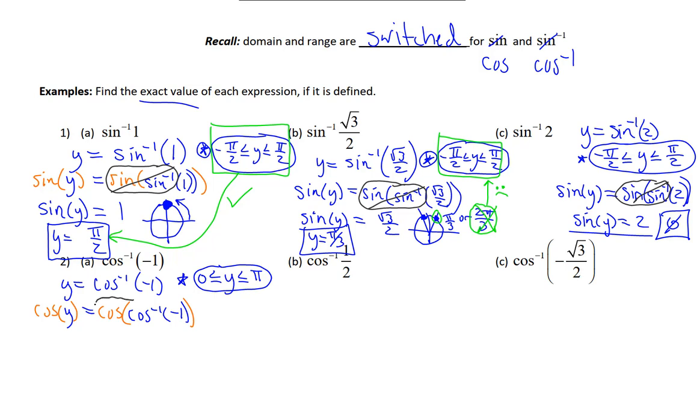So on the right side, cosine of cosine inverse of -1, those cosine and cosine inverses cancel each other out, which means what we have left all together on the left side is cosine of y equals -1. The only thing left standing on the right side after those cancellations.